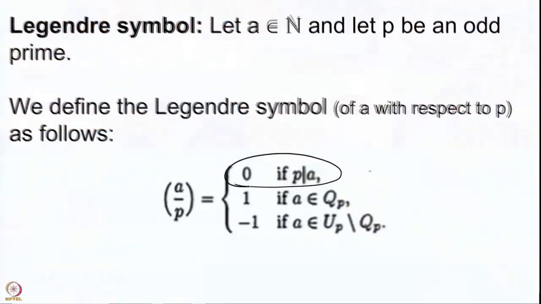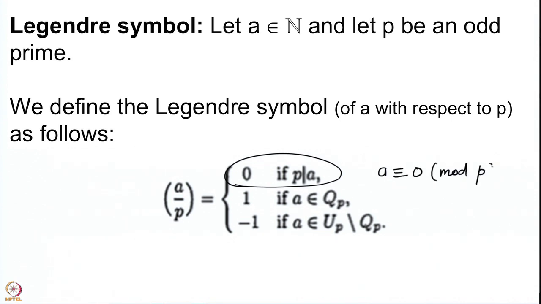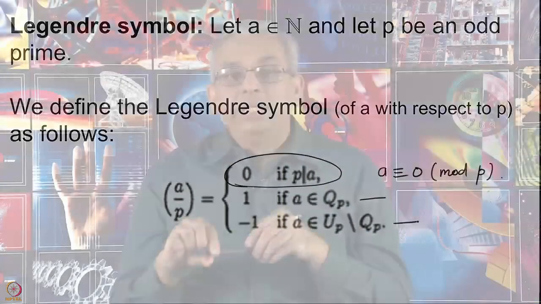So, for all the natural numbers A which are divisible by P, the Legendre symbol is 0. This is of course to say that A is congruent to 0 mod P. Whenever A is not congruent to 0 mod P, the Legendre symbol can be 1 or minus 1 depending on whether A is a square modulo P or whether A is not a square modulo P. So, this Legendre symbol has 3 values.